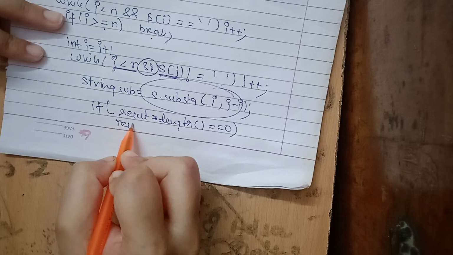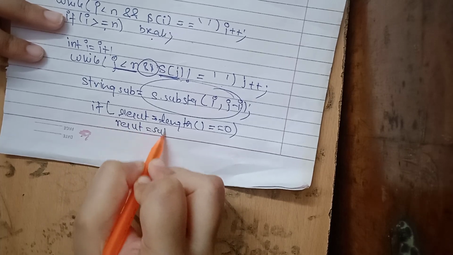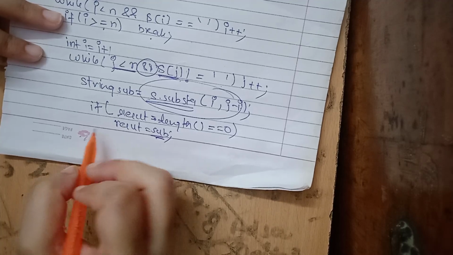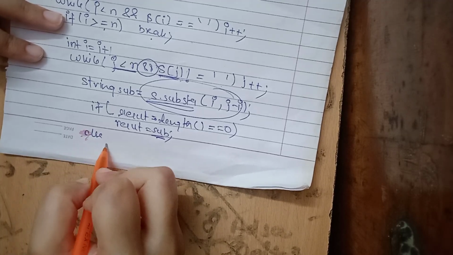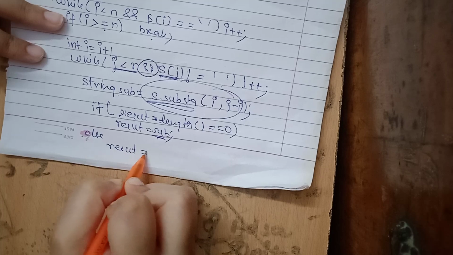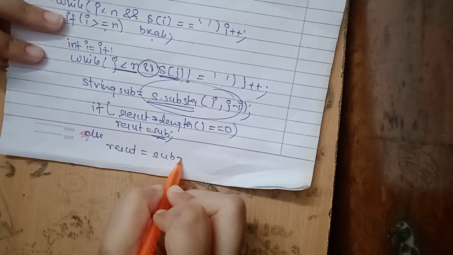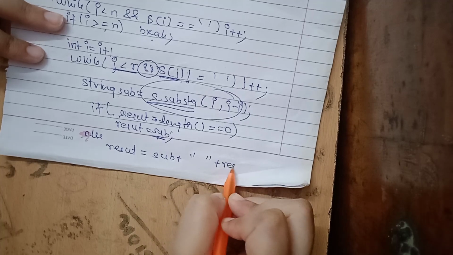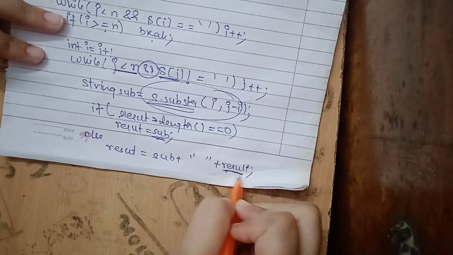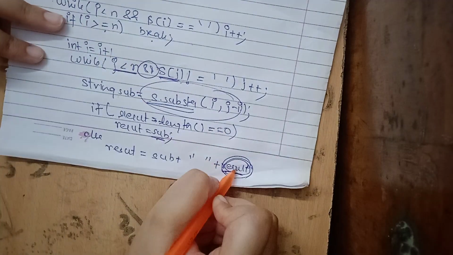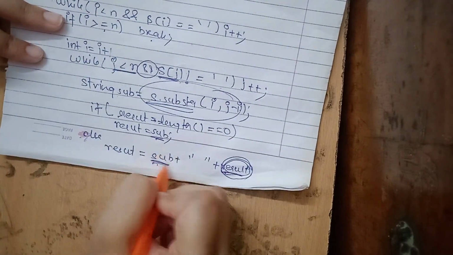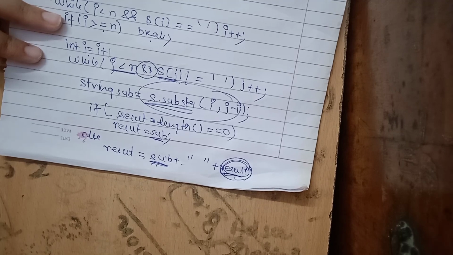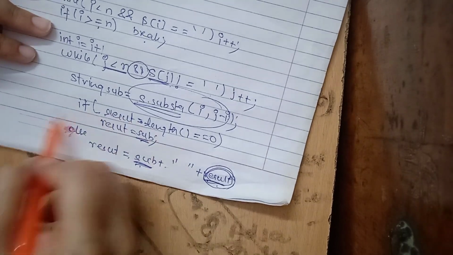So result is equal to sub, the first word which you have found. But if it is not the first, then result is equal to sub plus one space and then the previous result, which is hello, so you get world space hello. This is the final answer you will have.